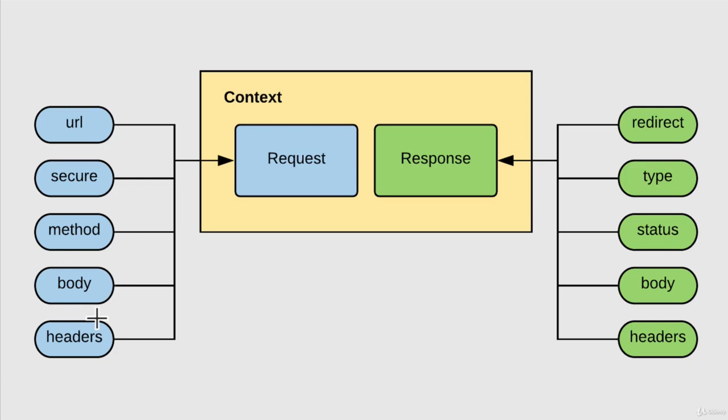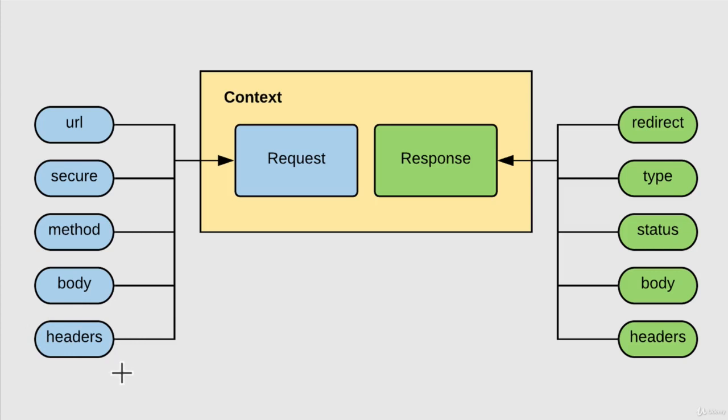So usually that's for post or put requests. Usually our get requests don't have a body. But this method here will return the parsed body, depending on the type of input that we're receiving, whether it's JSON or text.